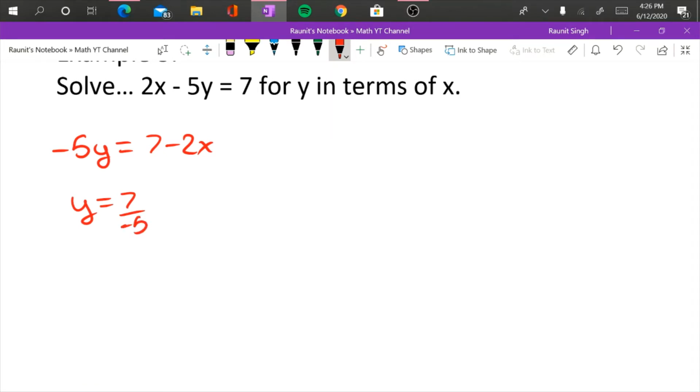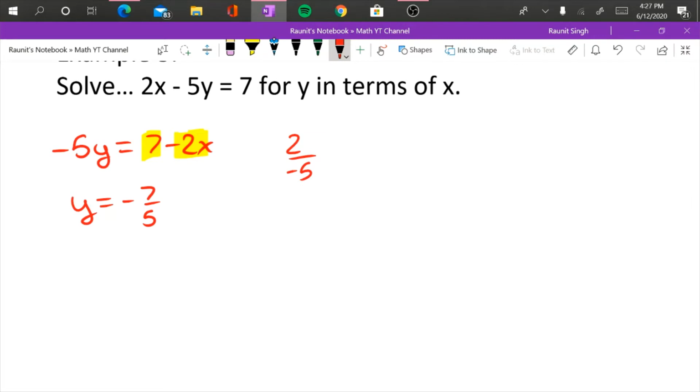negative 5. Okay, I can just write it like this, negative 7 over 5. But since it's a negative 5, and then we're going to divide it with both of the things, so we're going to divide it with both 7 and 2x, so we can just do it separately, and then we're going to get 2 over negative 5, right?